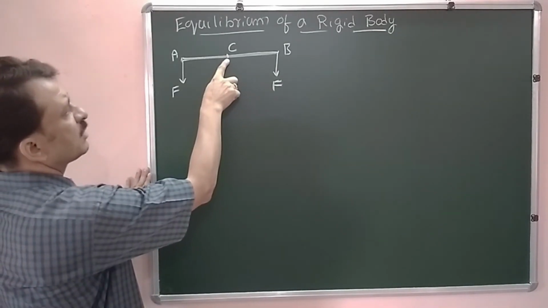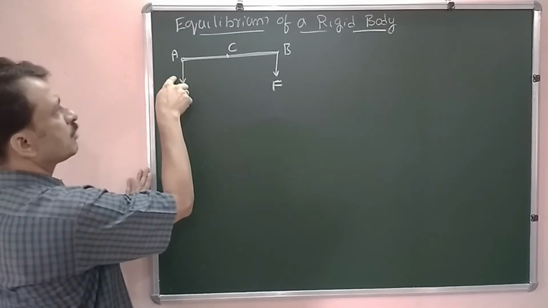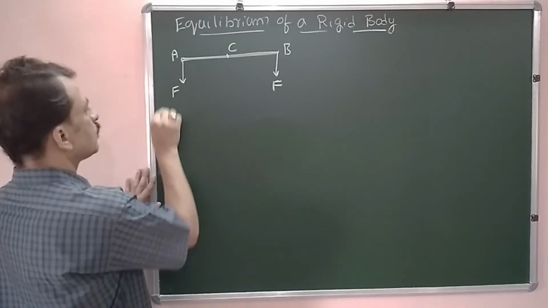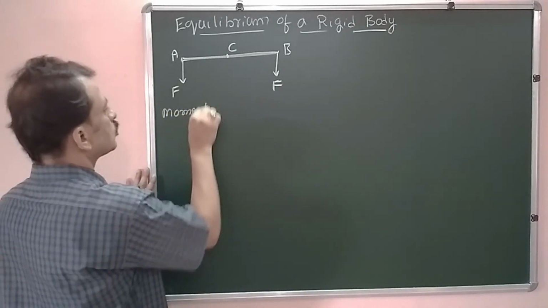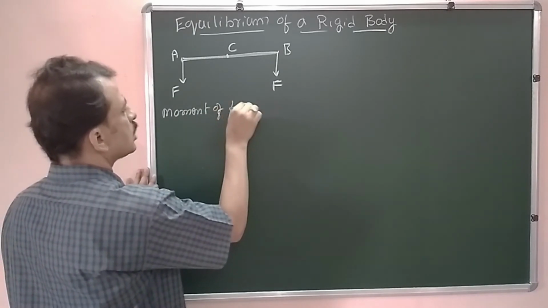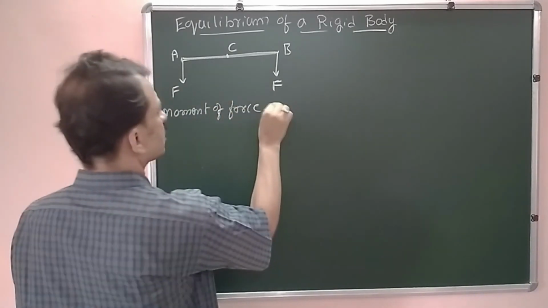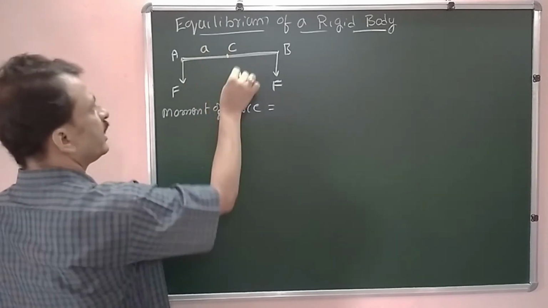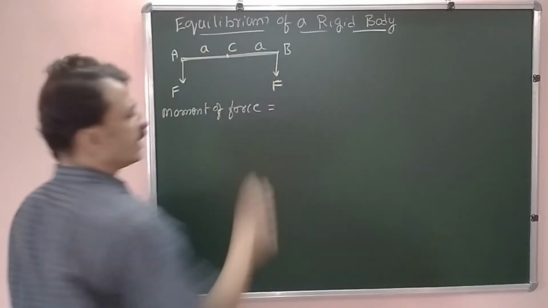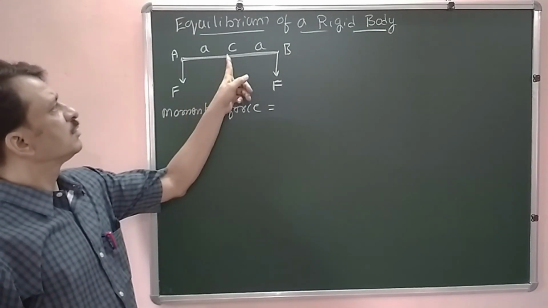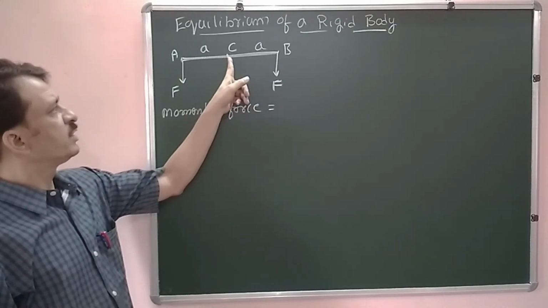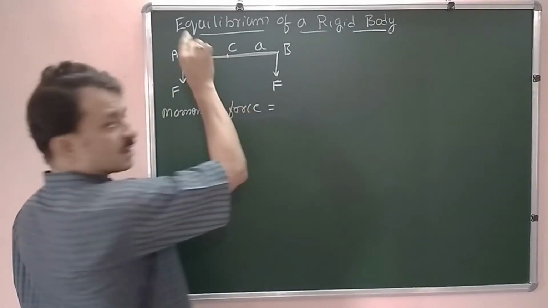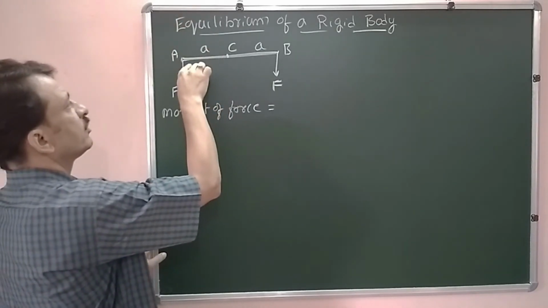Now if I calculate at the point C the moment of force, or torque, for the force at the point A, how are we going to calculate it? If I take the distance from A to C as small a, and similarly from B to C as small a, then the torque at C due to the force at A is just r cross F. Its magnitude is rF sin theta.